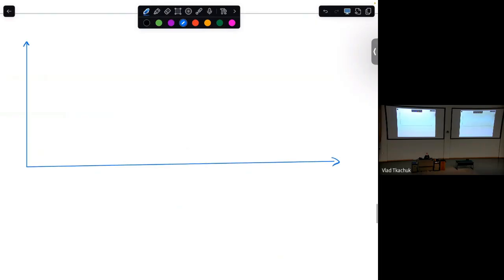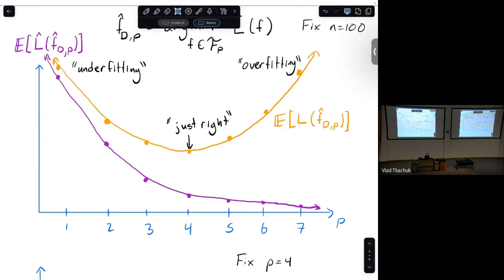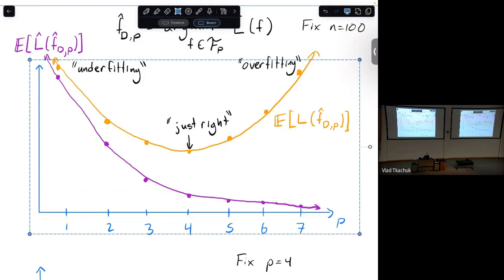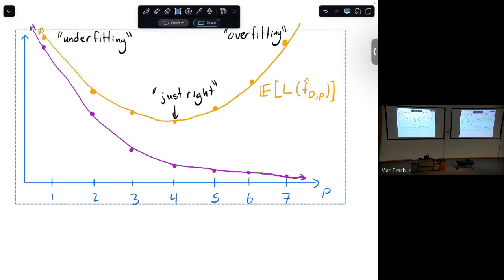Okay. And so once again, you plot, okay, why don't I just take the plot from before? So we're going to go up here, take this exact same plot, and now just relabel some things.